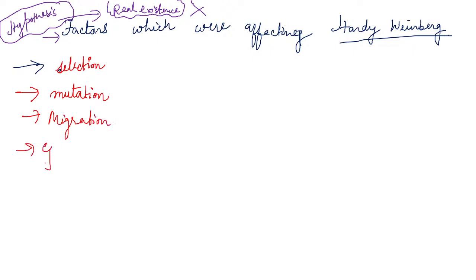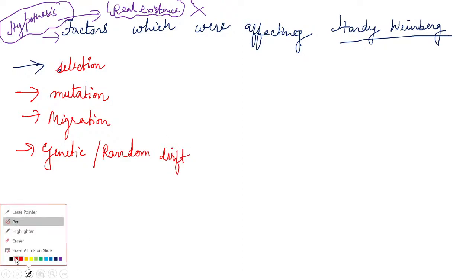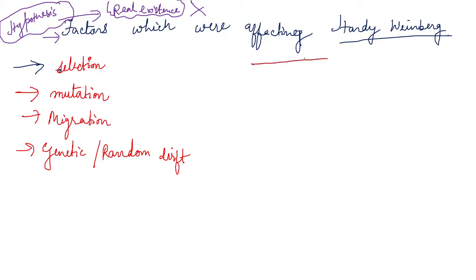Next is genetic or random drift, that is movement of the population, right? If we draw a bottle like this, it is known as the bottleneck effect, right? We'll study about this also in this class.